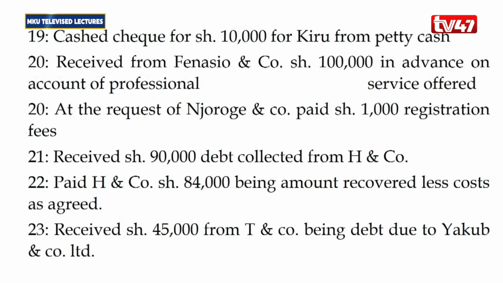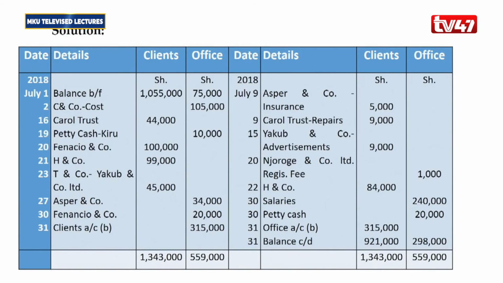Now, from there, the other transaction I may also mention something about. Of course, this one is simple. We are receiving 45,000 from TNC, being a debt due to Yakub. So if you go to the cash book, you just receive that 45,000 from TNC. And this is a client because the client has sufficient funds.